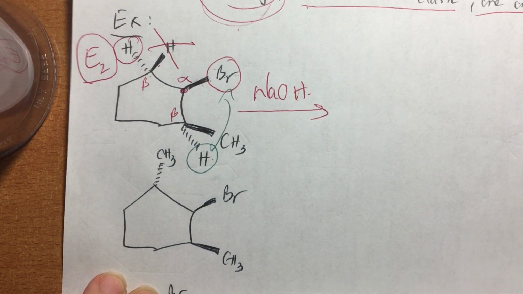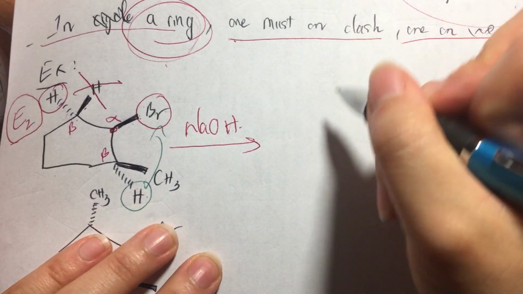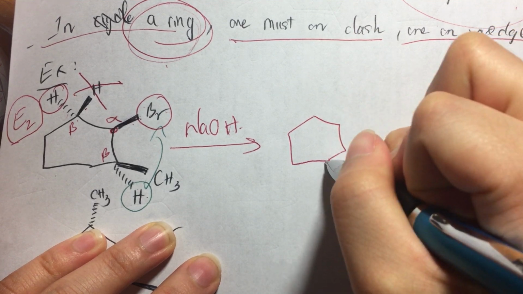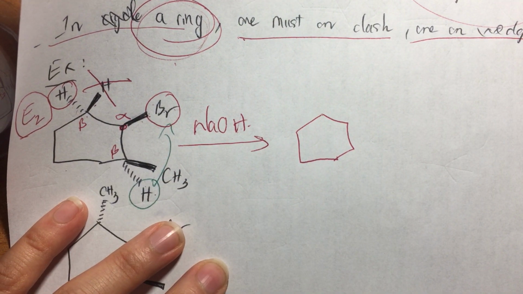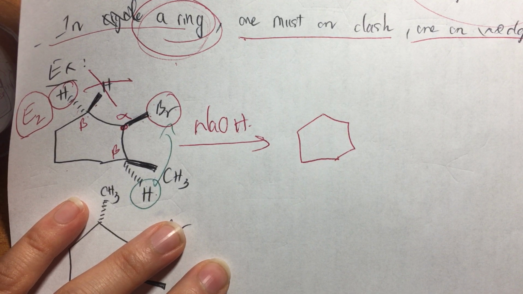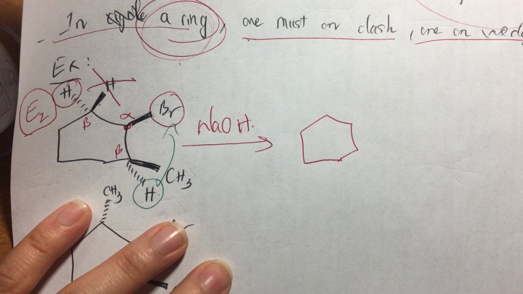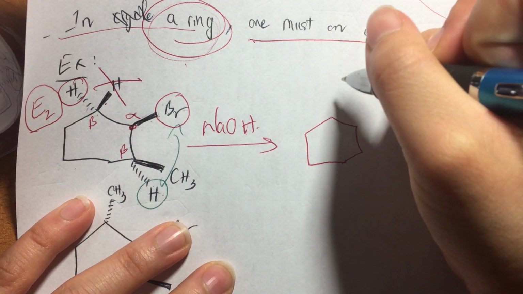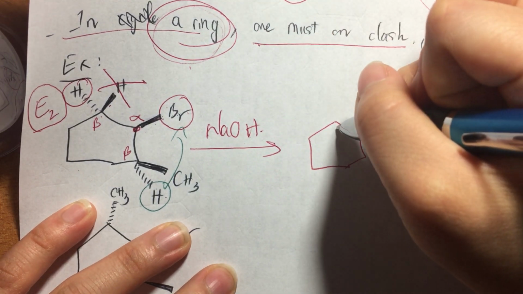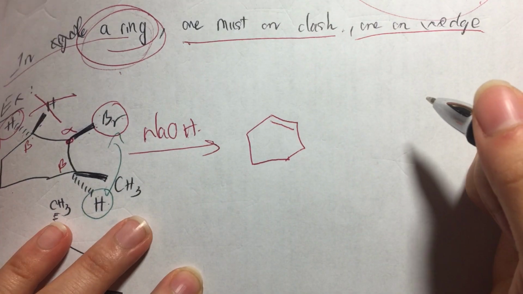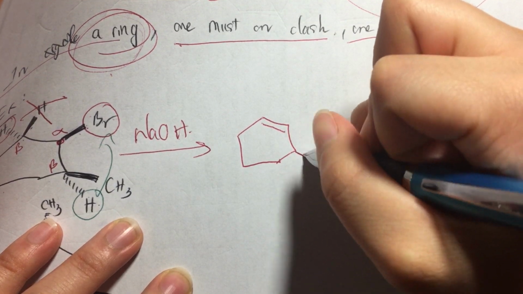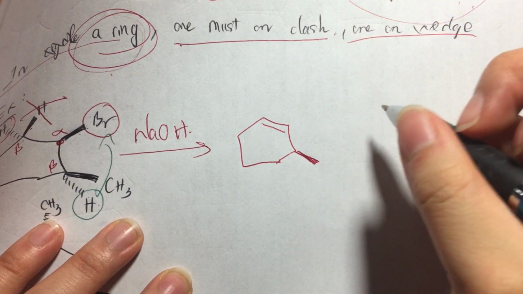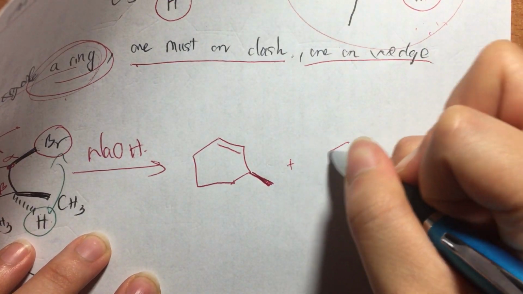Alright, so we have two products. Seeing it is a ring, I can't really say that there is only one product. After it reacts, we have this product, and the CH3 here does not get involved in the reaction, so it still stays a wedge. And another one is here.